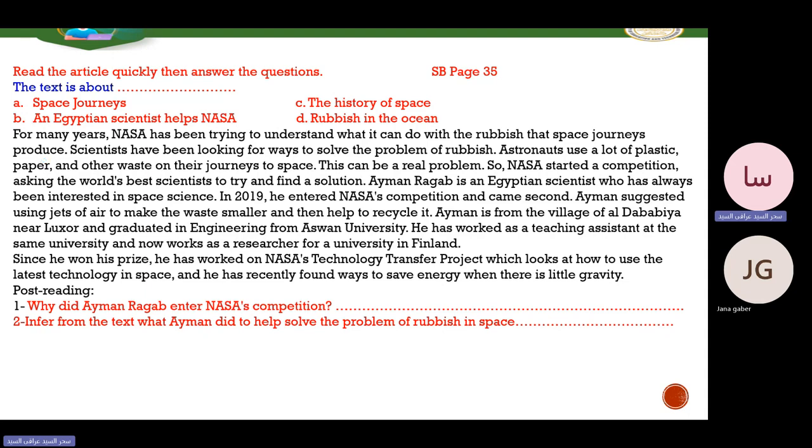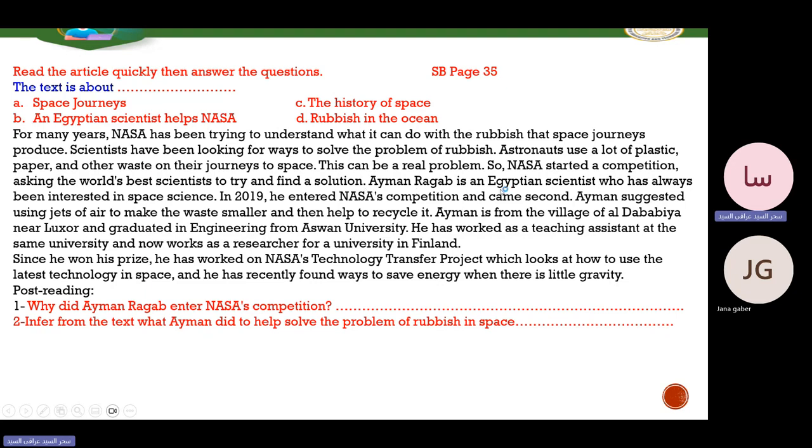This is a problem. Scientists have been looking for ways to solve the problem of rubbish. Astronauts use a lot of plastic, paper, and other waste on their journeys to space. This can be a real problem. So NASA started a competition asking the world's best scientists to try and find a solution for this problem.